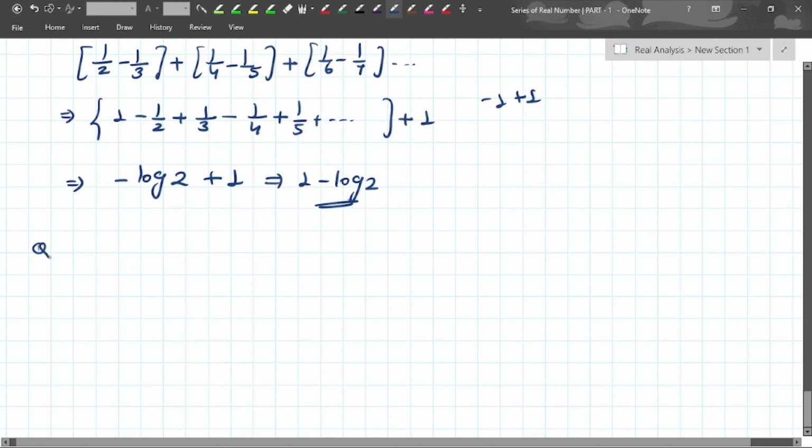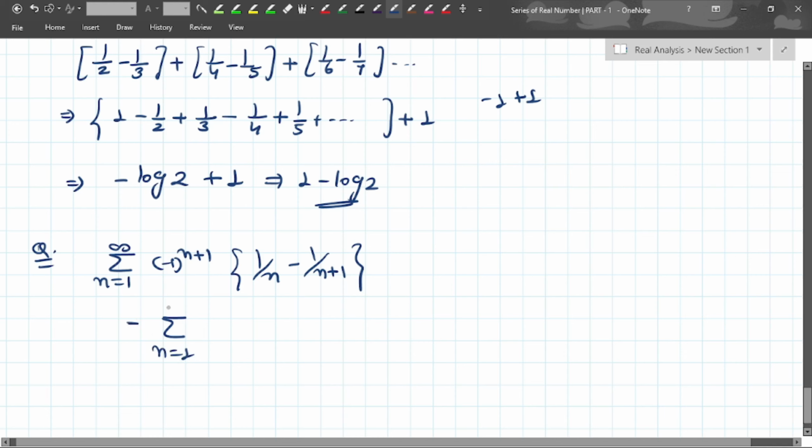And if I take it like this, summation n equals 1 to infinity of minus 1 power n plus 1, and it is 1 by n, can I find the result? That is simple, I will take minus common, with n equals 1 to infinity, minus 1 power n plus 1 divided by n.